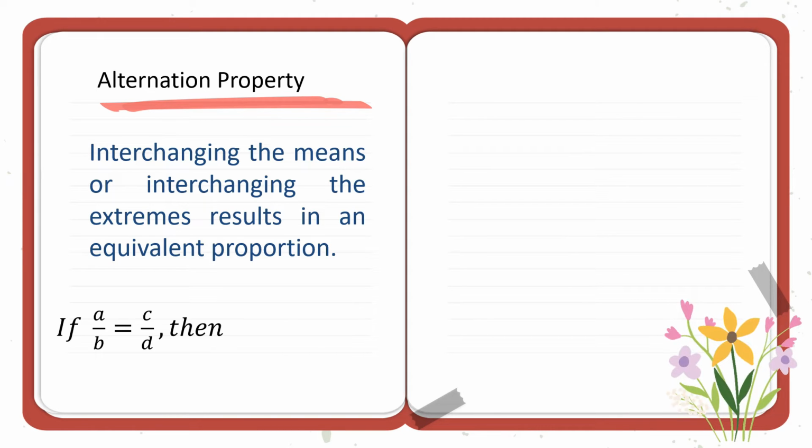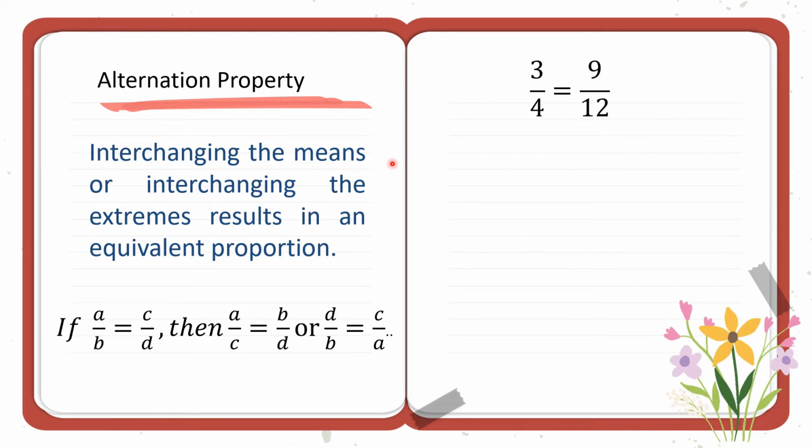So if A over B equals C over D, then A over C equals B over D, or D over B equals C over A. Again, A over C is equal to B over D, or D over B equals C over A.